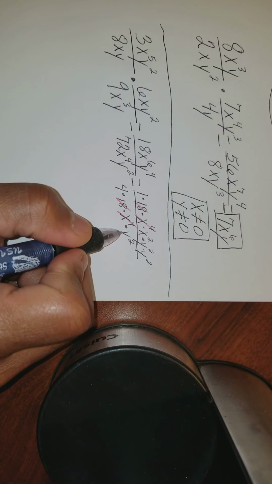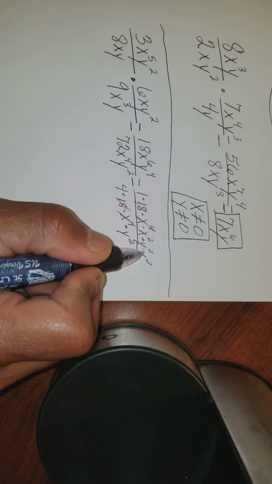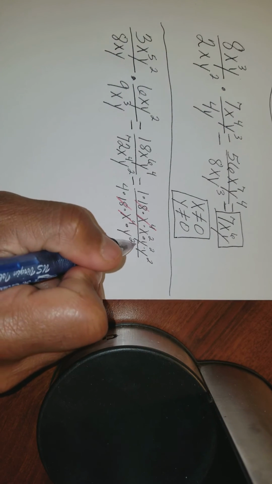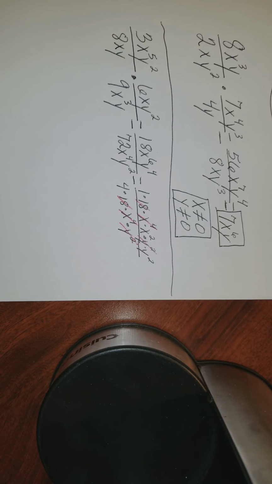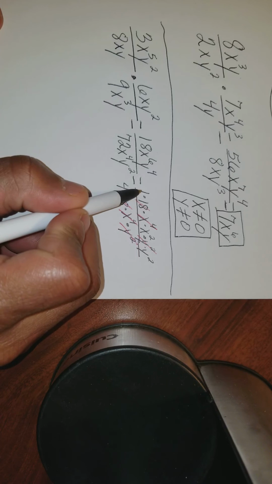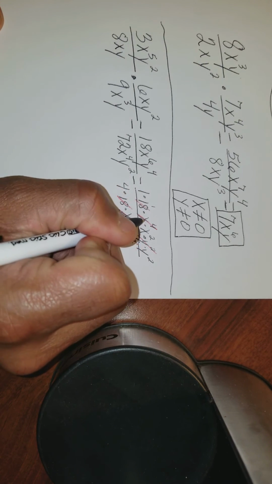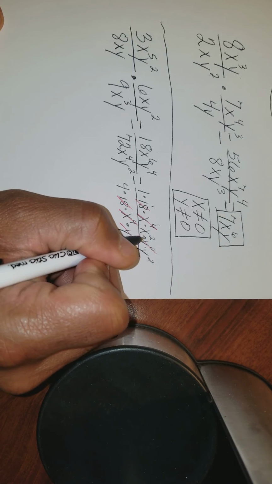Here I have a y squared and I have a y squared here. Up here I have 2, but down here I only have 1, so I can only take out 1 y squared. Everything else, if it's in the numerator, you'll leave it in the numerator. If it's in the denominator, you would leave it in the denominator. Here, this will become 1. This will become 1. This will stay x squared.